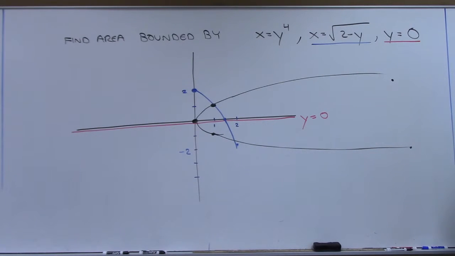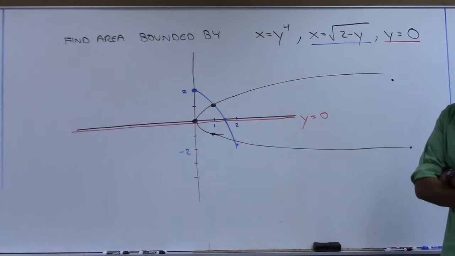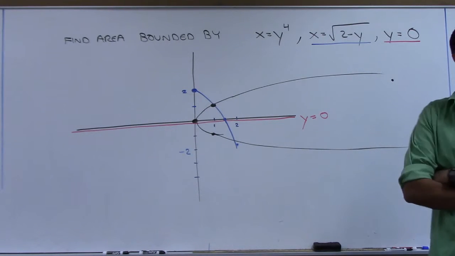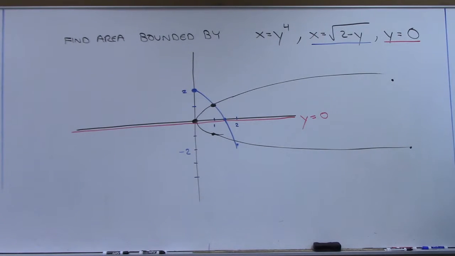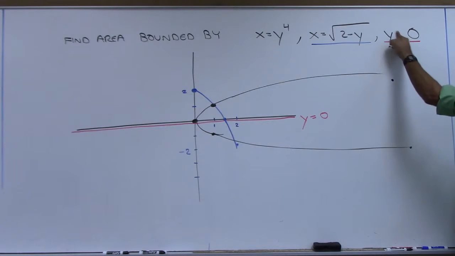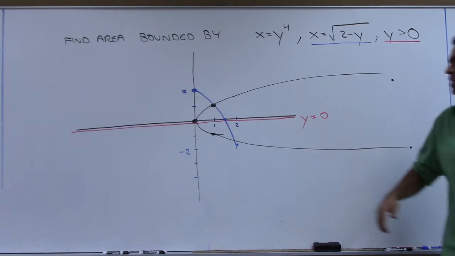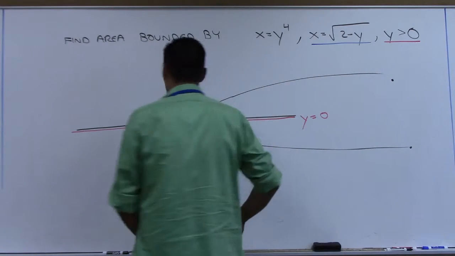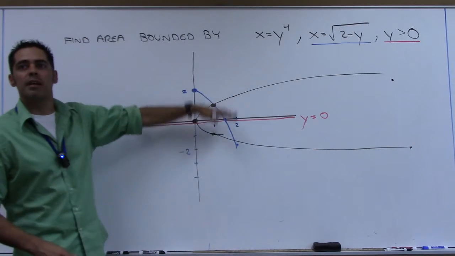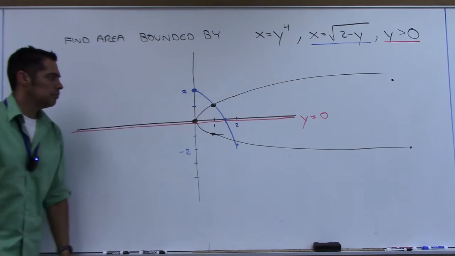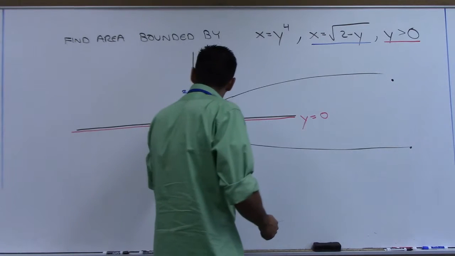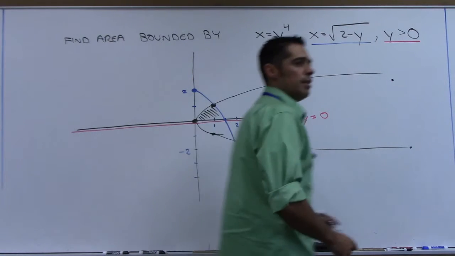Yeah, you could do this without y equals 0. Let's change it. Instead of this, let's make this easier. Y greater than 0. How about that? Because what does that do? It basically cuts off the bottom half. Agreed? Y greater than 0 means we're only looking up here. So that'll force our region to be this and there, won't it?